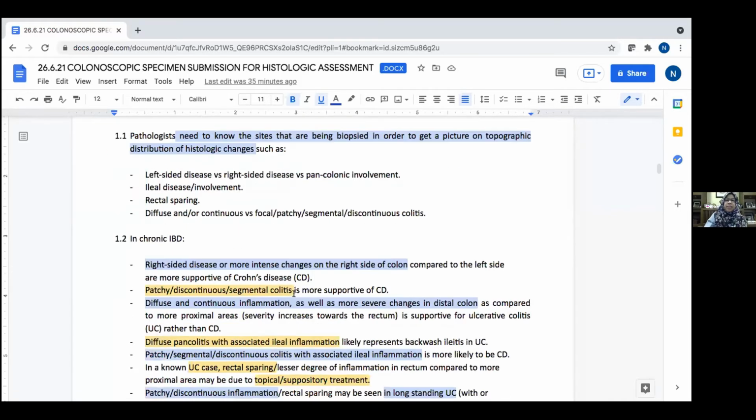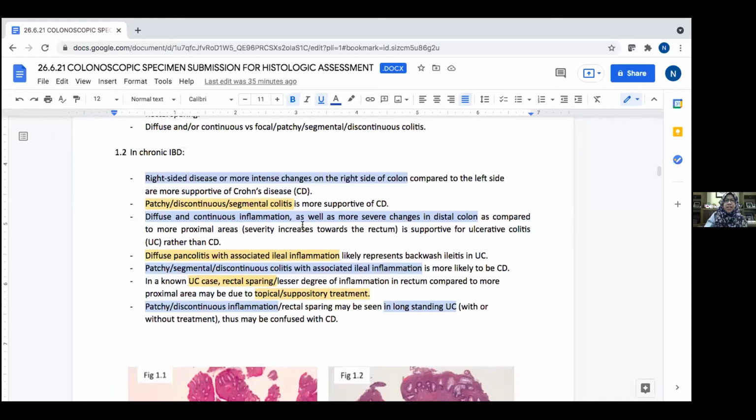Okay, in the case of chronic IBD, knowing the sites that are being biopsied and the distribution pattern is very important for the reasons that are highlighted down here in point 1.2. If you're seeing a right-sided disease or more intense changes on the right side of the colon compared to the left side, then it's likely a case of Crohn's disease. If you see patchy or discontinuous or segmental colitis, it's also more likely to be Crohn's disease.